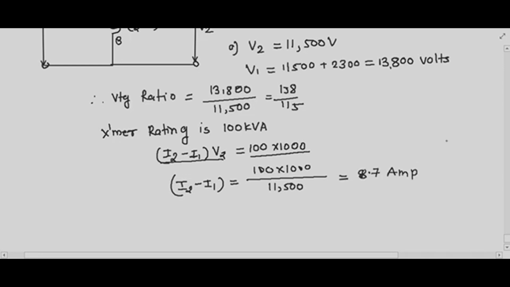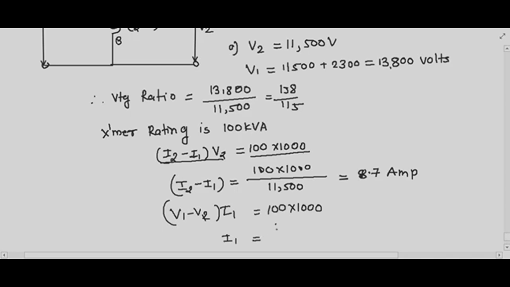Then similarly I can write down (V1 minus V2) into I1 equals 100 into 1000. So what is I1 from this?